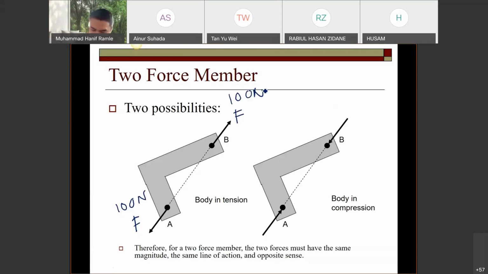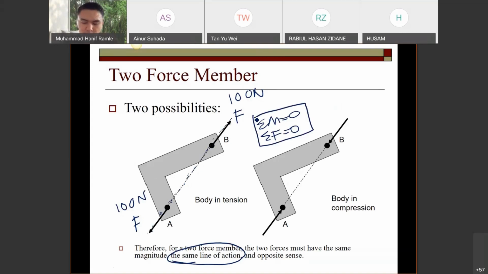They must have the same line of action, to make sure that this system is in equilibrium in terms of moment and also forces. If the forces are not on the same line, we do not follow this equilibrium system. And also the forces must be in opposite sense.